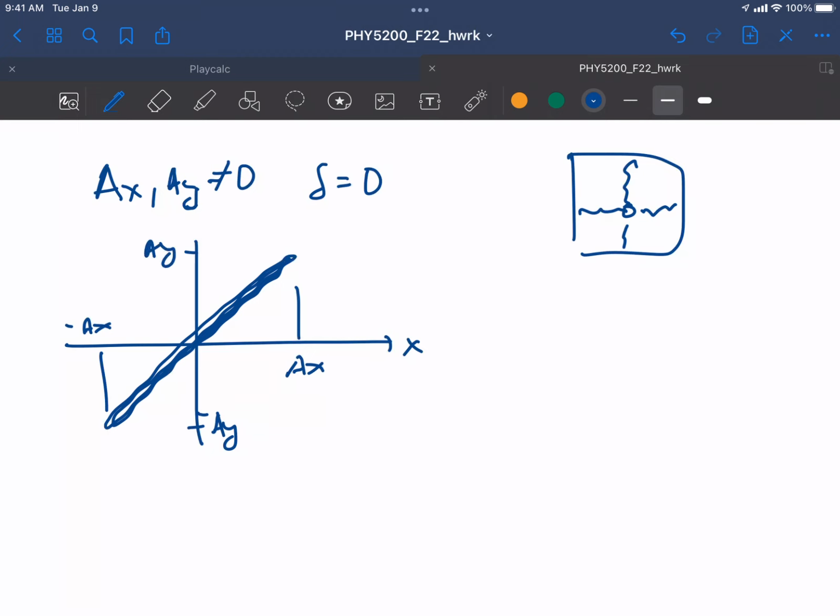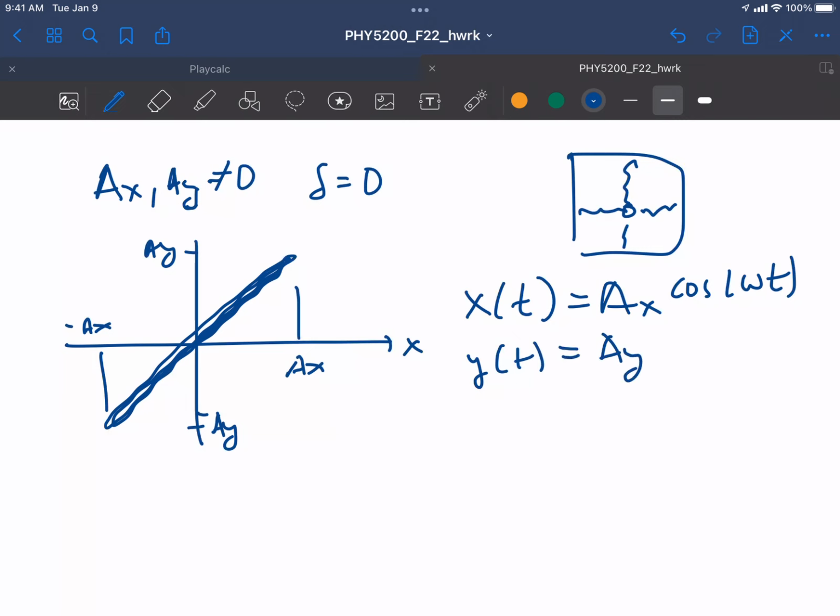And this delta, let me write the full solution again so you have it in front of you, is x of t is ax cosine omega t, and y of t is equal to ay cosine omega t minus this phase.